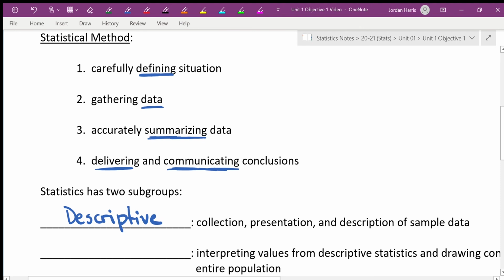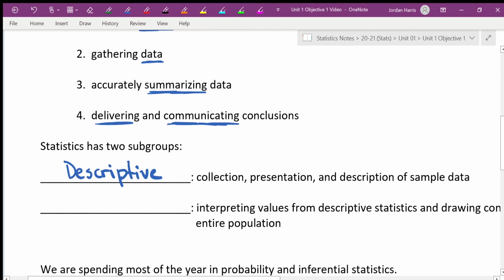We get the situation, we get the data, we summarize the data. That is called descriptive. All it is is taking the data and looking at it. What is the situation we're looking at? A lot of stats in sports and things like that are descriptive statistics, right? They're looking at a player, a game, whatever it is, and they're describing what happened through numbers.